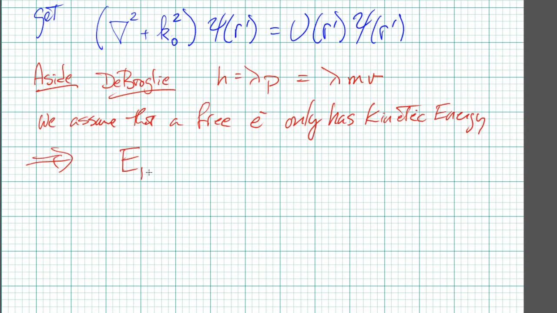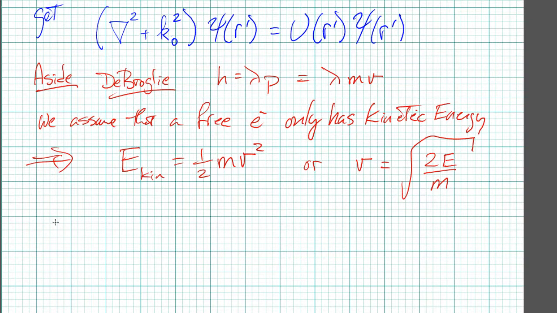It implies that E kinetic equals 1/2 mv squared, or v equals the square root of 2E over m.